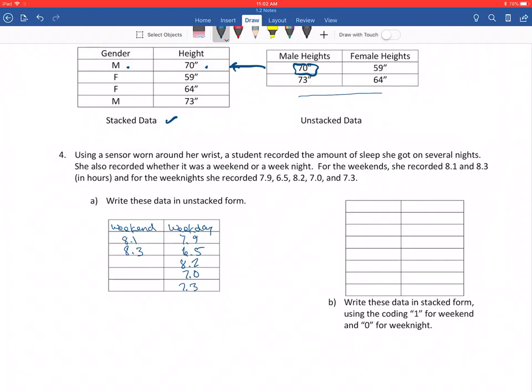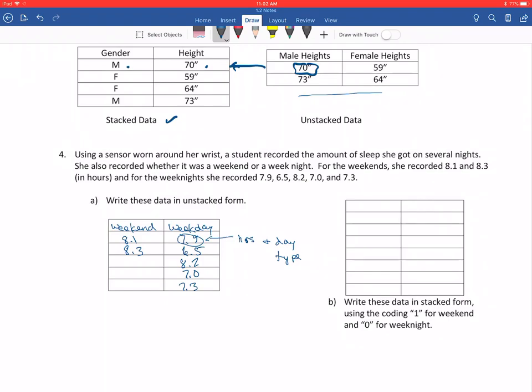So again, any number in here tells us two different things. It tells us the hours and it tells us the day type. So I get 7.9 hours and on a weekday.